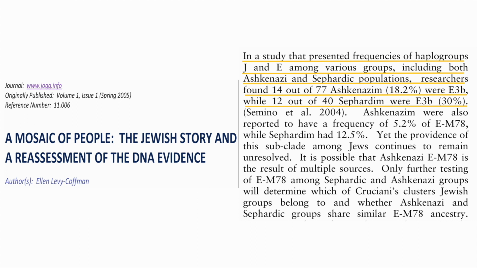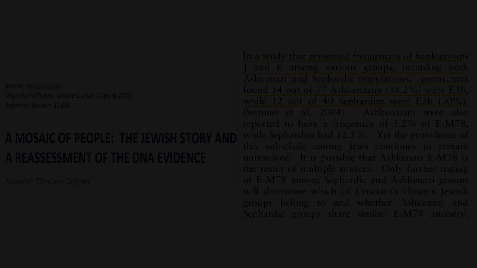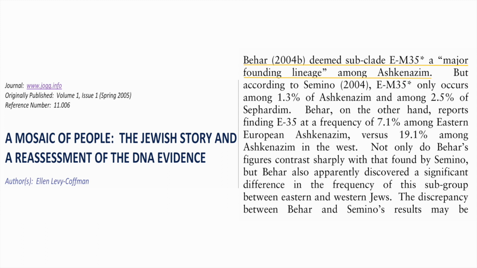In a study that presented frequencies of haplogroups J and E among various groups, including both Ashkenazi and Sephardic populations, researchers found 14 out of 77 Ashkenazim, 18.2%, were E3b, while 12 out of 40 Sephardim were E3b, 30%. Bihar 2004 deemed subclade E-M35 a major founding lineage among Ashkenazim.